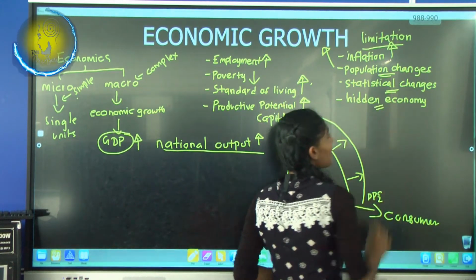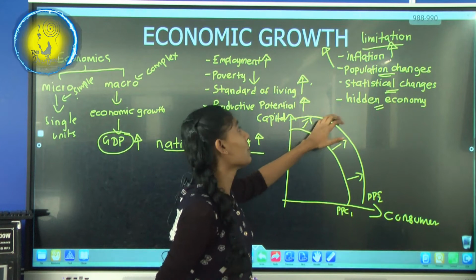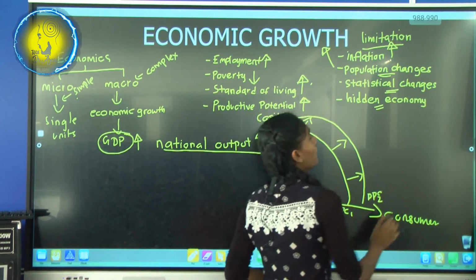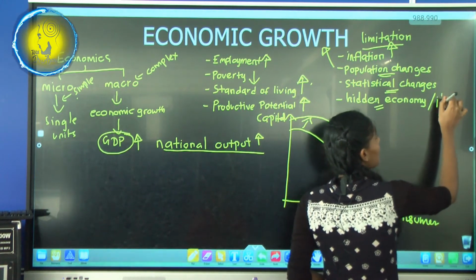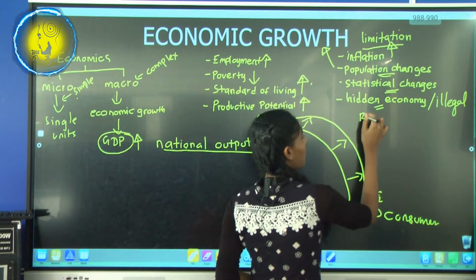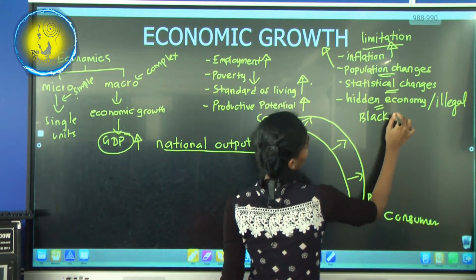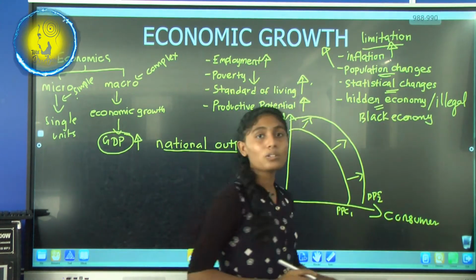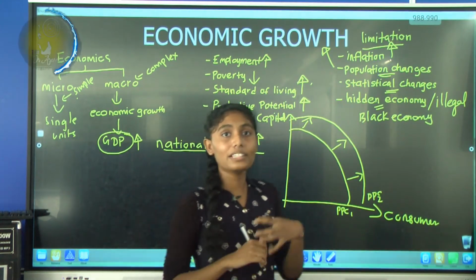Next one is the hidden economy, which is not taken into account when calculating economic growth. What is this hidden economy? We can also say illegal economy, or we can say black economy. Say that you are going for a ride with your friend.